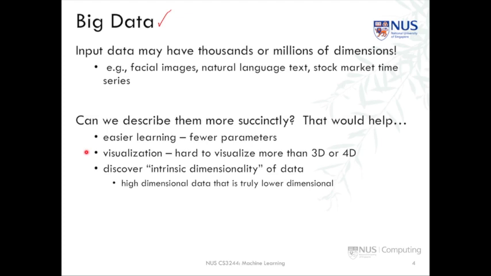So when we're trying to understand the data visually, it may help to project it down into a smaller number of dimensions. We also might be trying to discover the intrinsic dimensionality of the data. In other words, the data itself might have a lot of redundancies or correlations, and removing them would help us discover a notion of how many independent dimensions are in the data set.